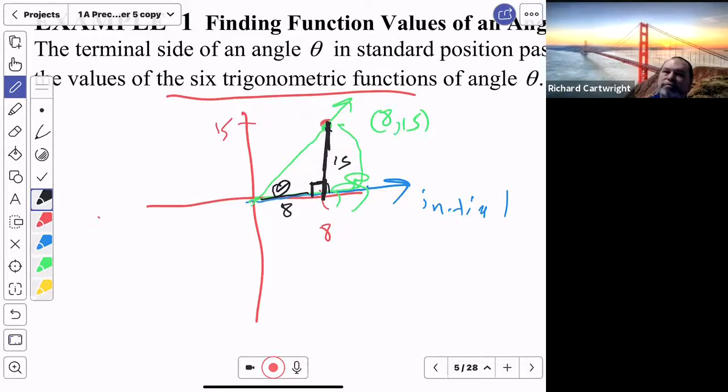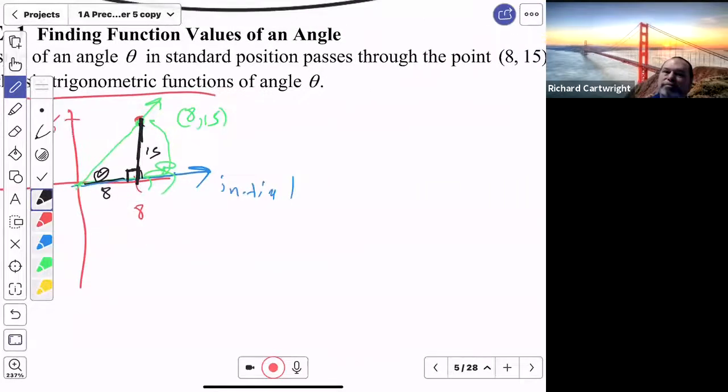If you did it like in geometry class, and I gave you this triangle and said that's theta, and told you the adjacent was 8 and the opposite was 15, I am positive your geometry teacher said, find some trig values of this triangle.